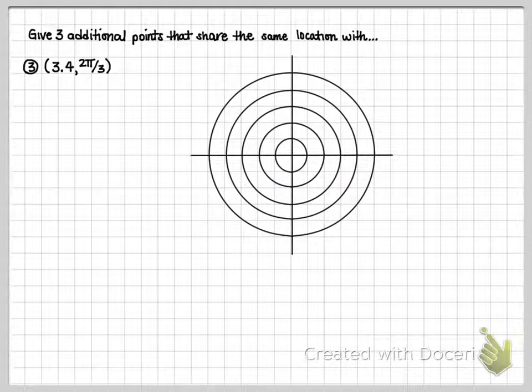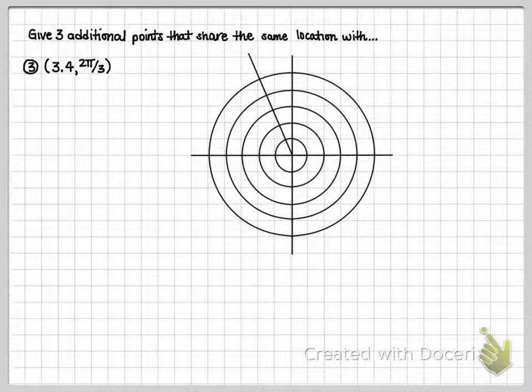So here I have a little bit larger value, so you'll see that I put more concentric circles, and I've got a 2 pi over 3. So I'm going to do exactly what I did before. I'm going to go to where 2 pi over 3 is approximately, and sketch that out. 2 pi over 3 is pretty steep, so it looks like I'm about there.